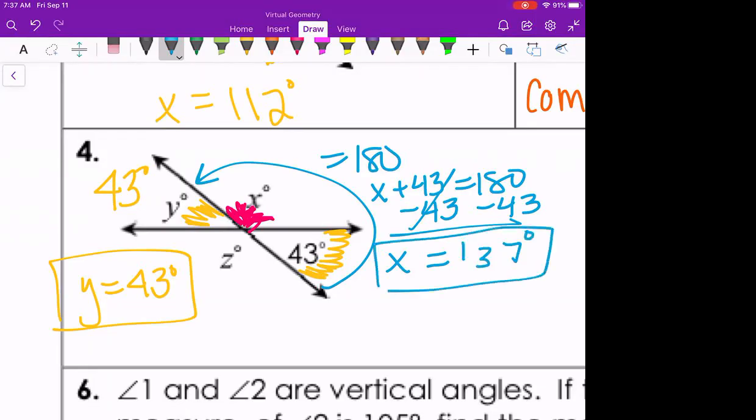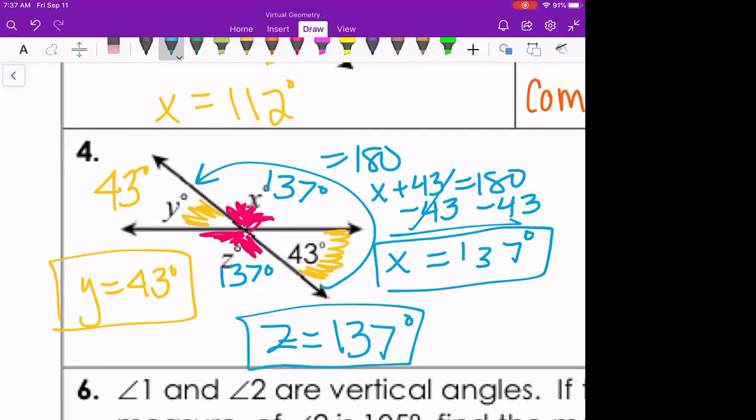So there's X. And now the beauty of knowing what X is, 137, which is now in the top right position, has an opposite in the lower left. It's directly across from where the Z is. So it should also be 137. That is one thing that I do love about vertical angles. If I can find one, I can automatically find the other angle measure if I know where the vertical pair are.